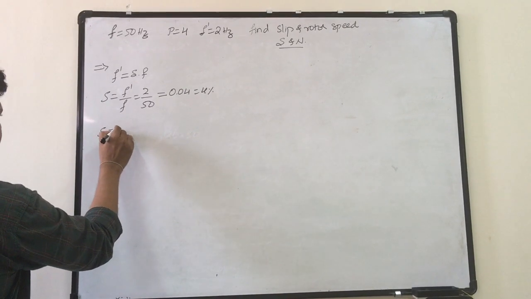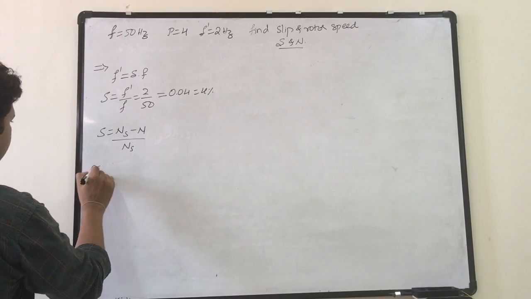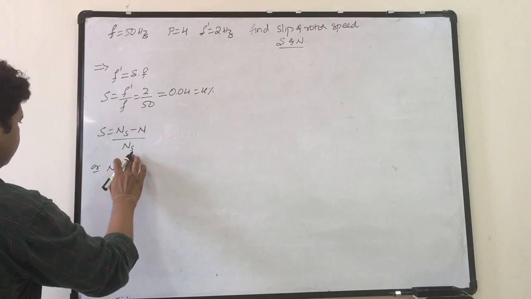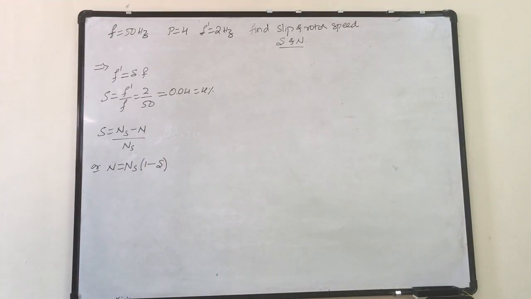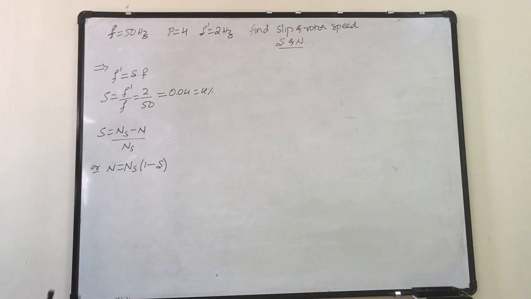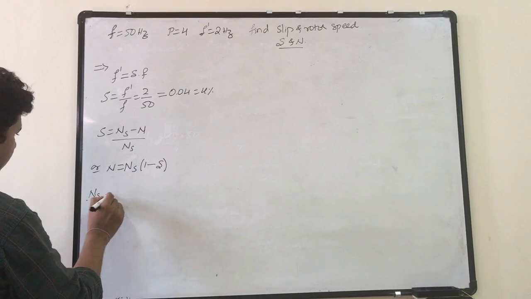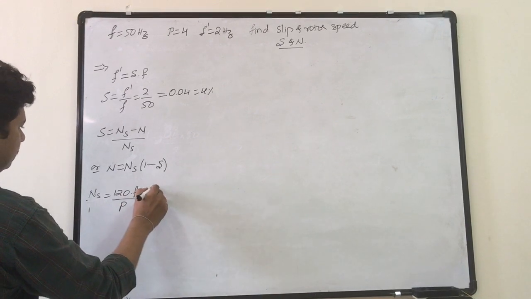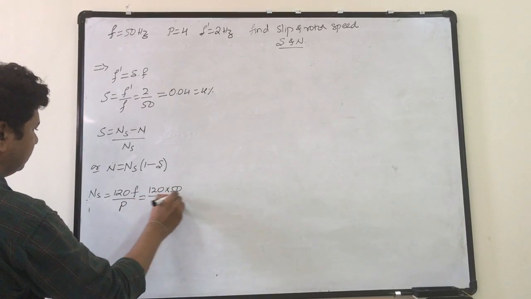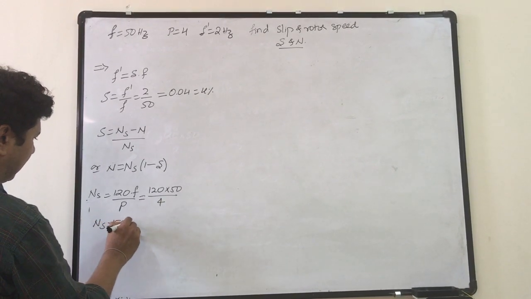S is equal to Ns minus N divided by Ns, or N is equal to Ns into 1 minus S. In the last example we have seen this relation. Ns is 120 F upon P, so 120 into 50 divided by 4, it is again 1500 RPM.